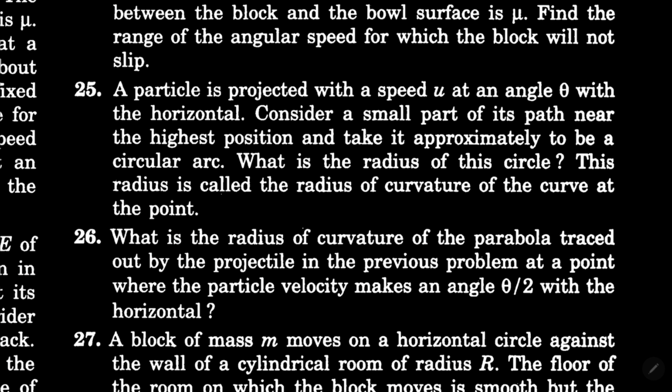In question 25, a particle is projected with some speed u. Now what is the radius of the circle, and this radius is called the radius of curvature of the curve at that point.